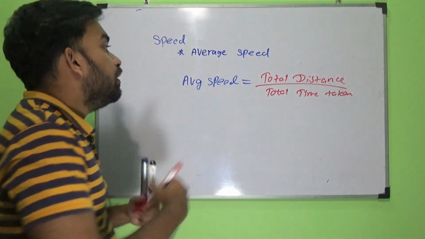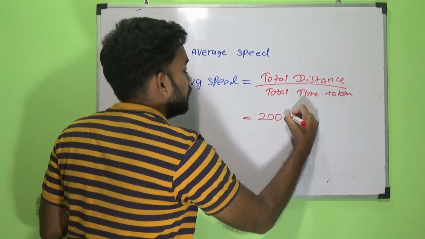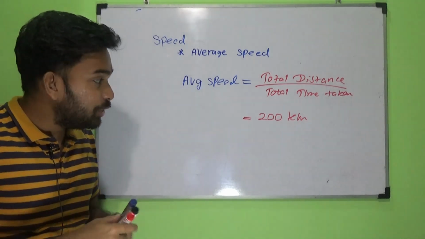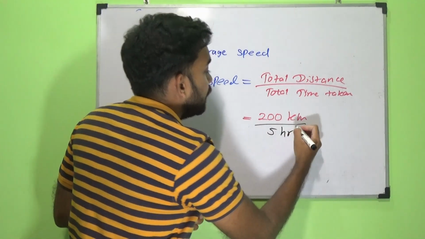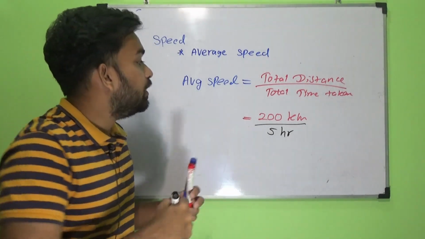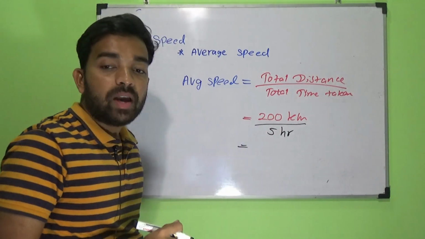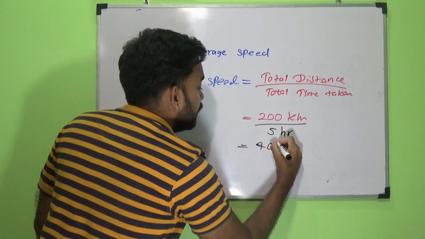As an example, let's assume you are traveling 200 kilometers, and you take 5 hours. So the average speed is going to be 200 kilometers divided by 5 hours, which is going to be 40 kilometers per hour.